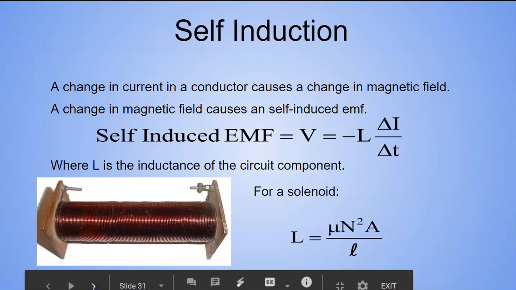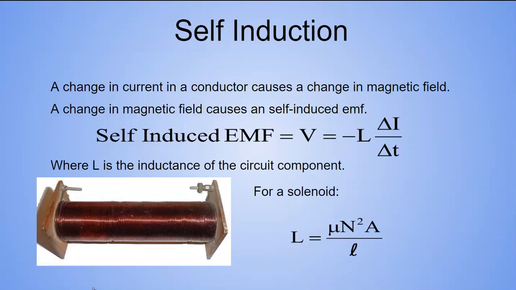All right. Right here we talk a little bit about self-induction. I don't know that this is as important as transformers and inductance and all that, but think about this with me. If I change the current in that coil that you see right there, that will cause a change in the magnetic field, and any kind of change in magnetic field would induce a current.